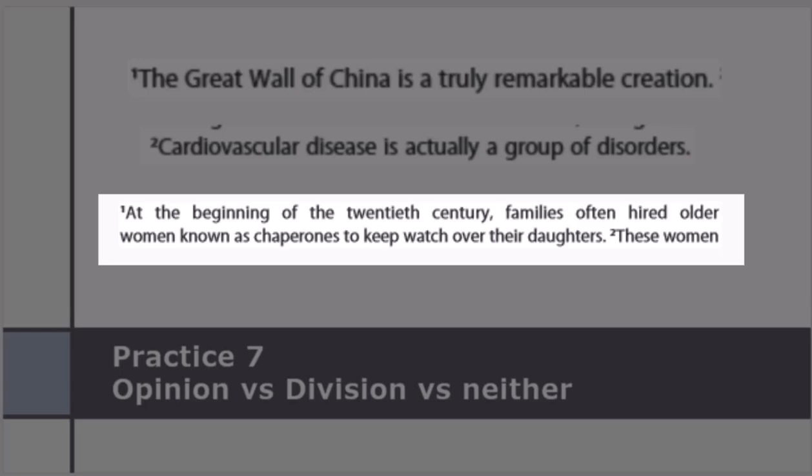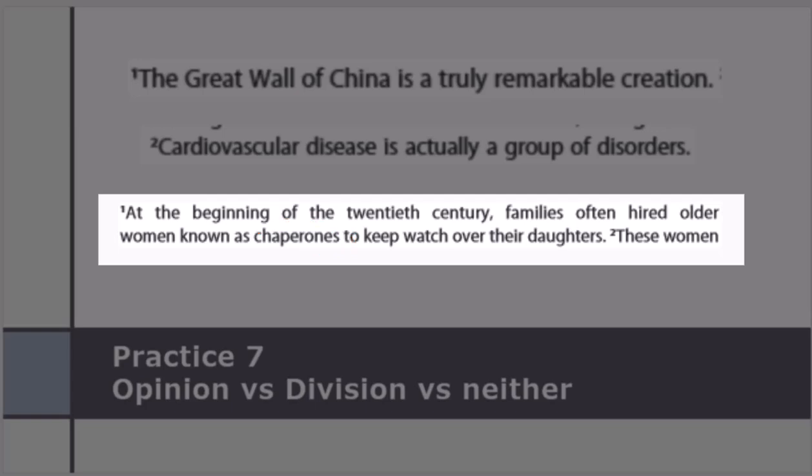It's a little bit more difficult than the other ones. There's definitely going to be some questions on the test that will not have a clear division or opinion word. But in this one, we want to look at the first step of identifying main ideas, and it's to identify the topic, which is chaperone, and to look for the most general sentence. This is the most general sentence.